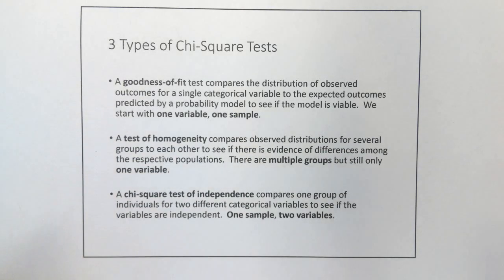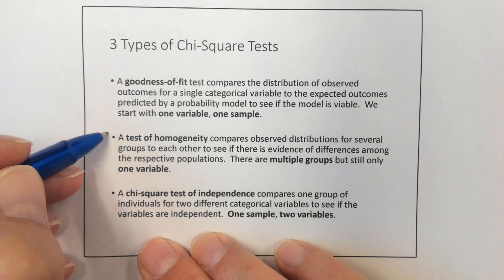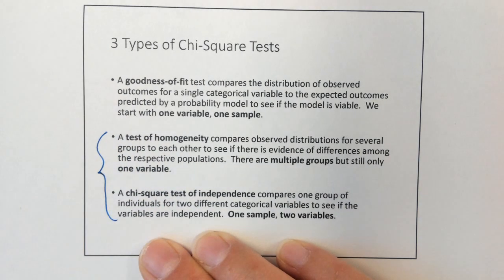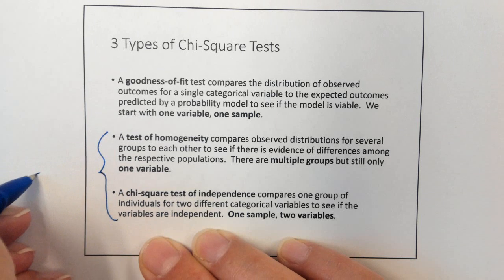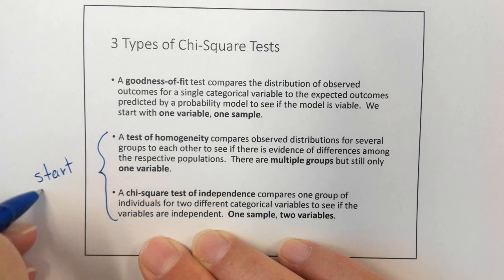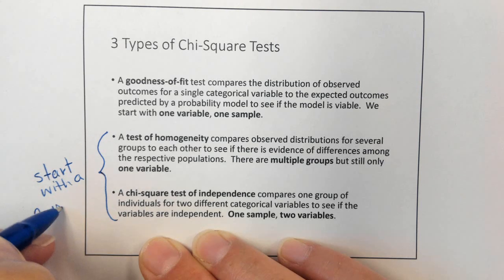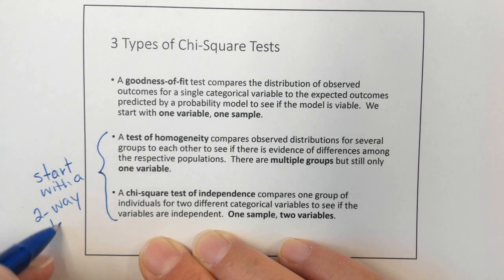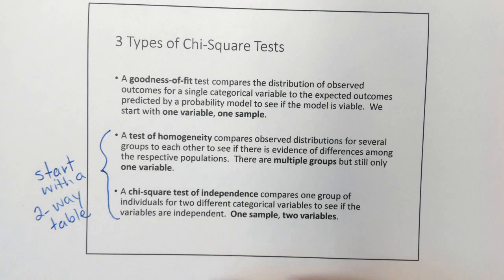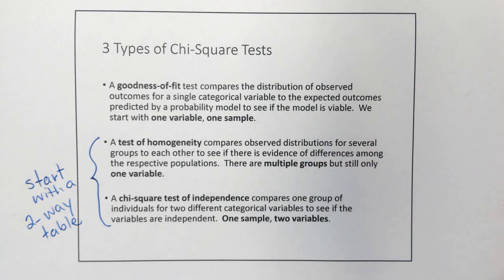And with the other 2, the test of homogeneity and the test of independence, you usually start with a two-way table, or what we called a contingency table in the earlier chapters. You put the table in the calculator, and the calculator will actually do all the computation for you.